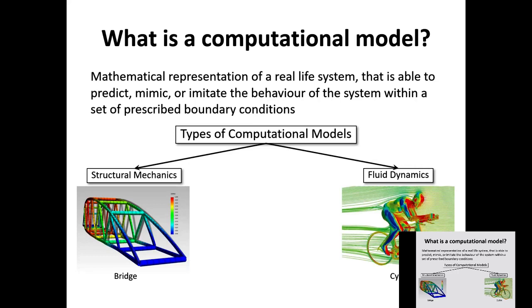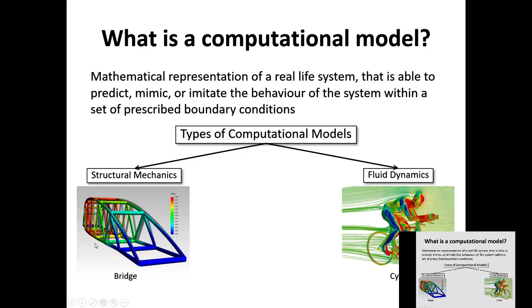So these are two examples, a bridge and a cyclist. With the cyclist, we are looking at the airflow around him, and in the bridge, we are looking at the actual structure. So you will be using two different approaches to model these. The first one you already did.